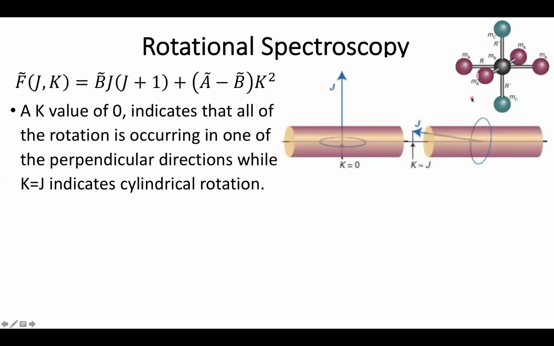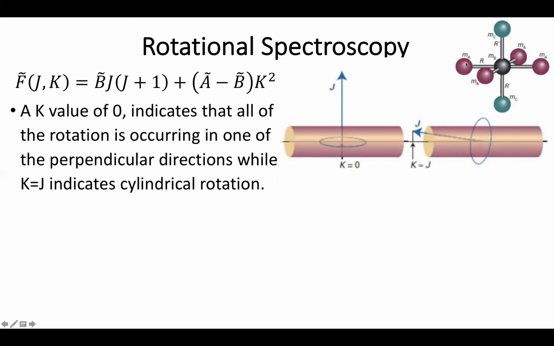So essentially what a value of K of 0 means is that I'm going to have no rotation about the center. And so if I try and model this compound as a cylinder, so we assume that my distance r is fairly short and my distance r prime is fairly long, what we would really end up with is a cylinder.